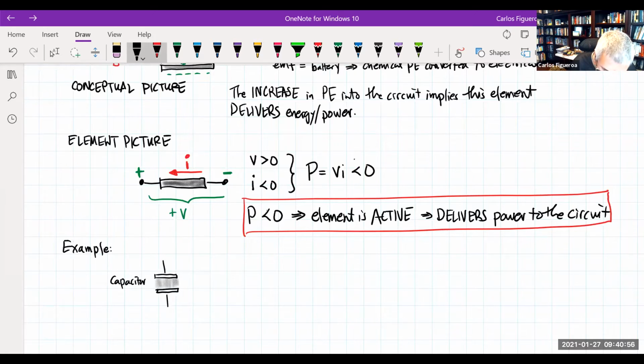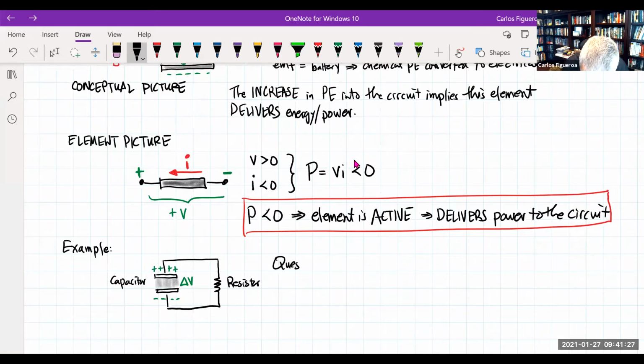What I'm going to do is charge up this capacitor, so across this capacitor it has some voltage. Now my question is this. Suppose I attach this in parallel to a resistor. If I instantly attach it to the resistor, I'm going to ask the following question.